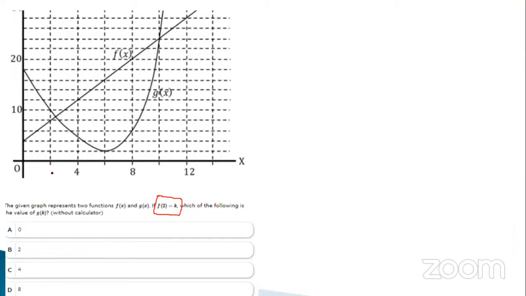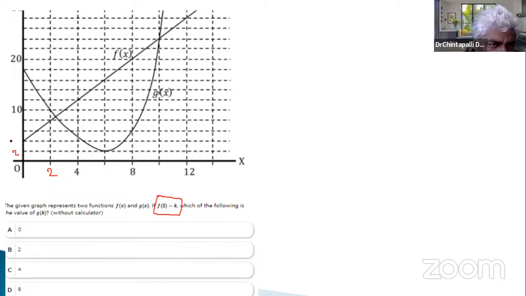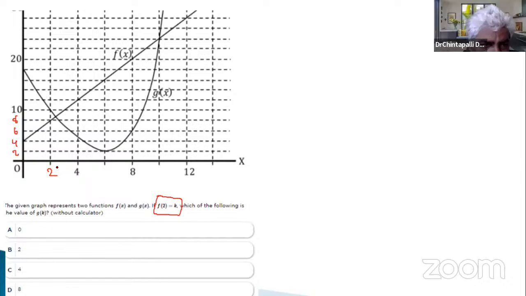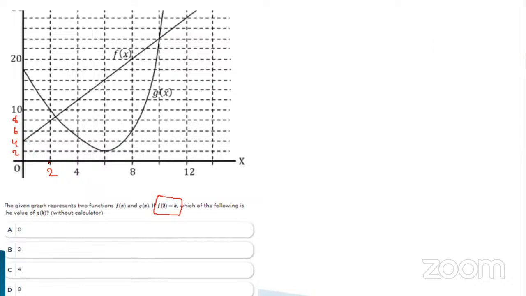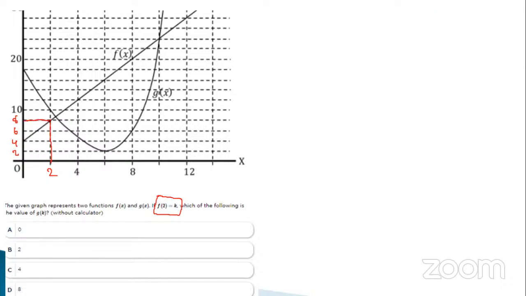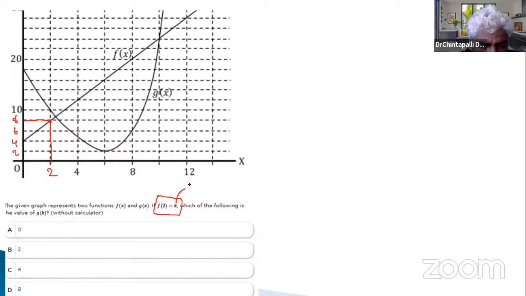On the graph, for 2 on f of x, it is 8. So f of 2 is equal to 8, which means k is equal to 8.